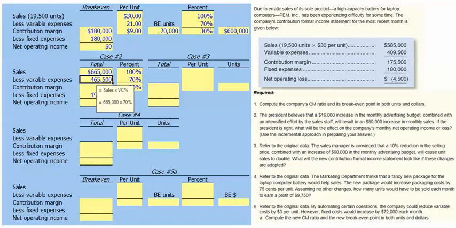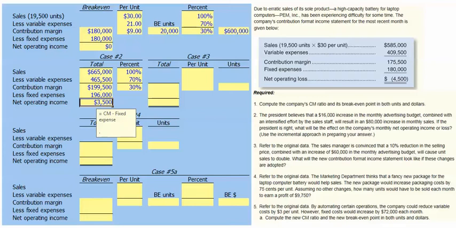That's the $665,000 in sales multiplied by 70%, which means our contribution margin is $199,500. If we subtract our fixed expenses of $196,000, we'll be left with a net operating income of $3,500. So this would be an improvement over our current situation.